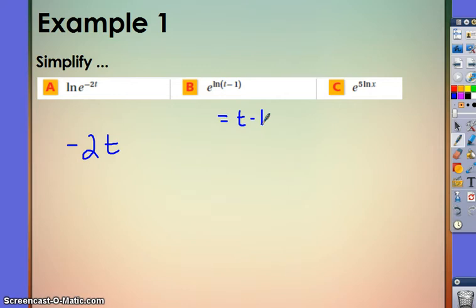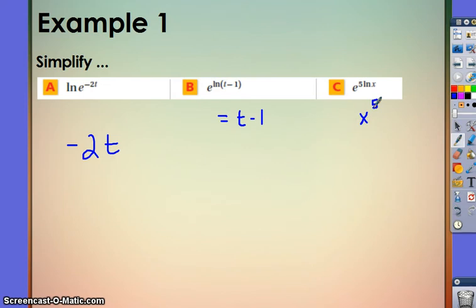And then e to the 5 natural log of x. Well, we need to think about our properties of logarithms. If we had a 5 out in front of a logarithm, it would jump up and become the exponent. So this is really x to the 5th power.